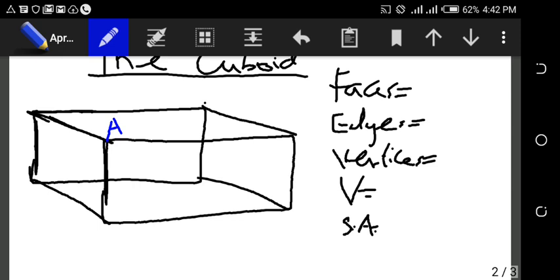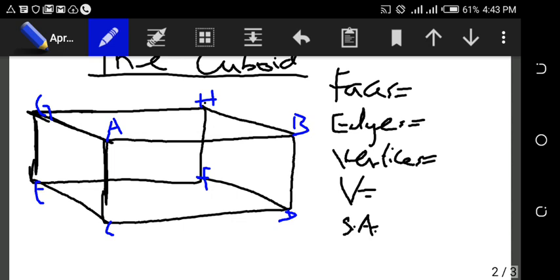We have A here, we have B, C, D, E, F, G, and H. Now for us to identify the number of faces that it has, it is still the same way as we did for the cube.